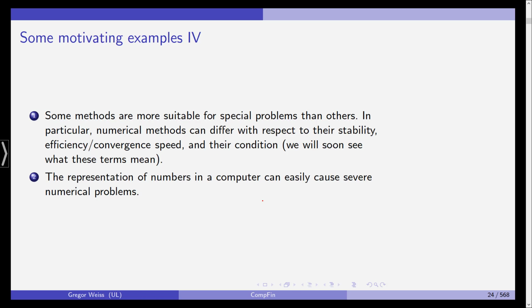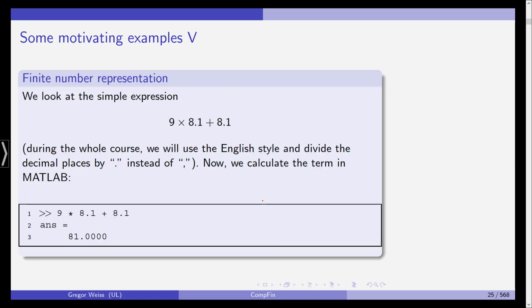You have a trade-off when it comes to the exactness and the error of your algorithm, and also, as we'll see later on, the condition of the problem, that is error propagation and maybe even a worsening of errors. So you have a slight error that is introduced into the data, and the algorithm actually boosts this error to extraordinary proportions. So this can all happen, and it will actually start with the representation of numbers in a computer.